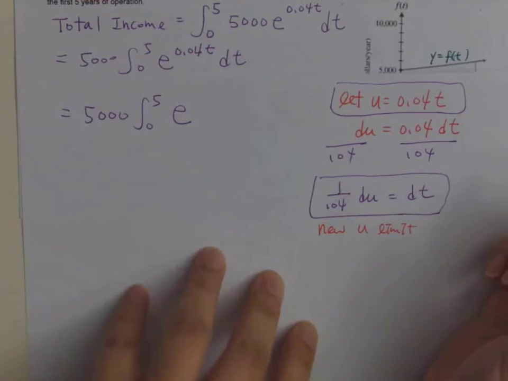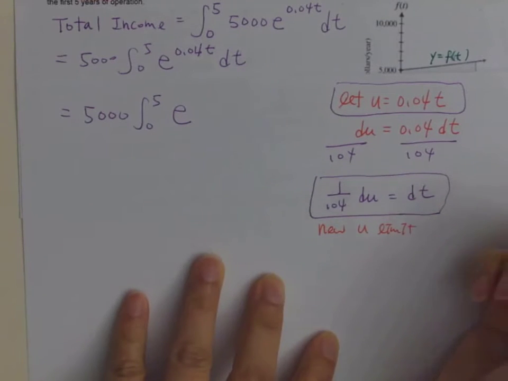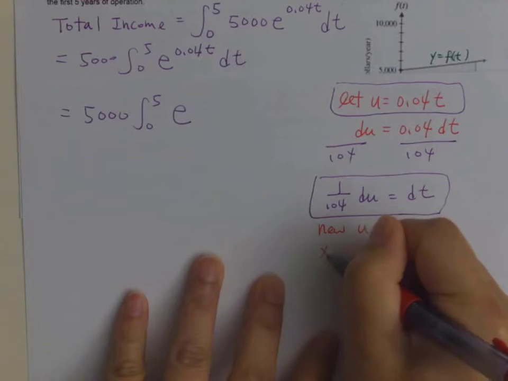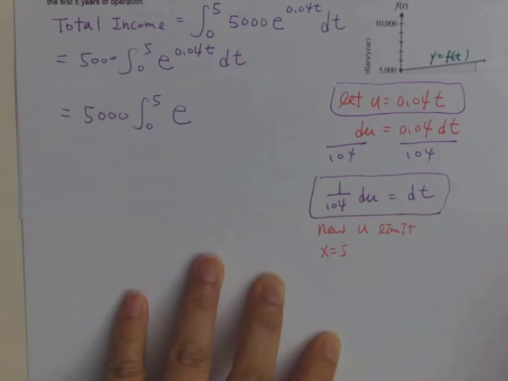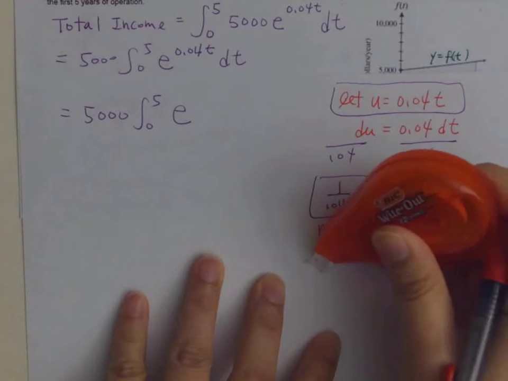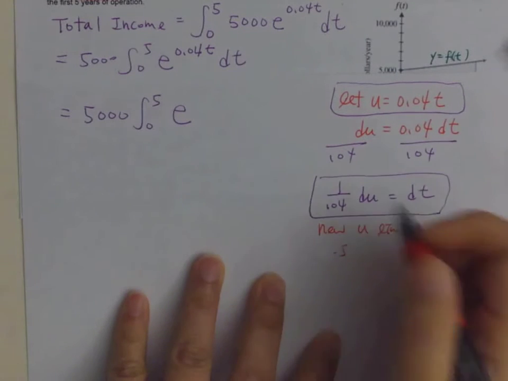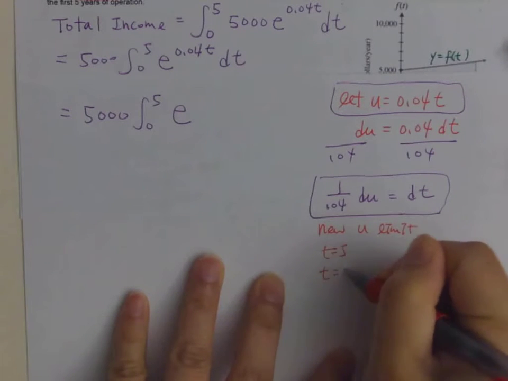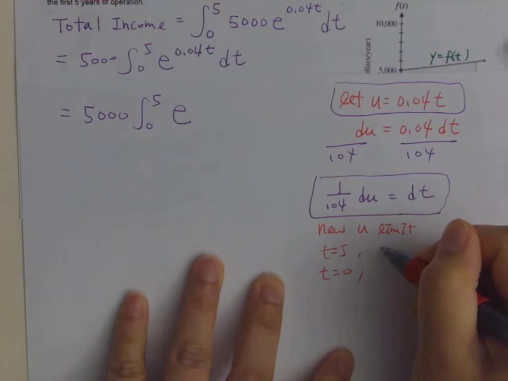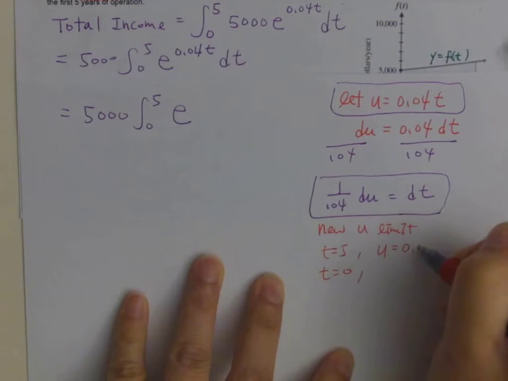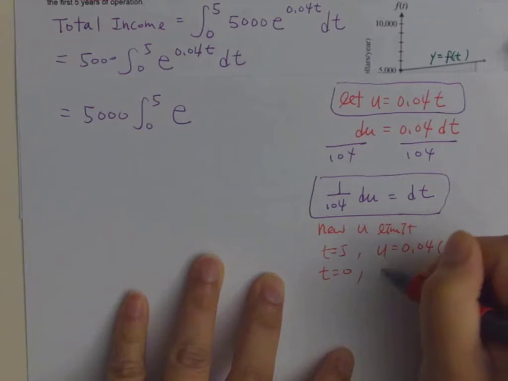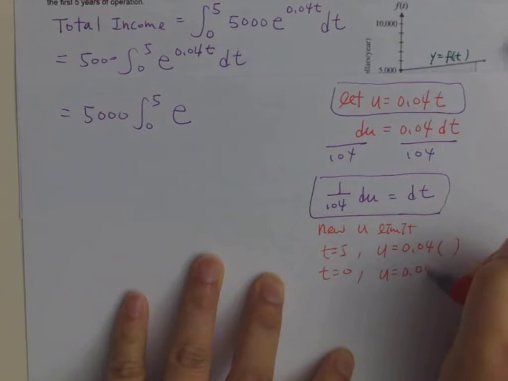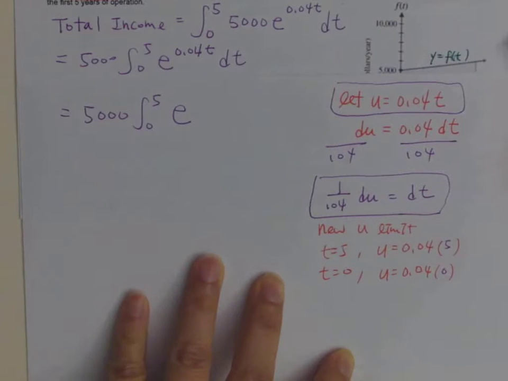So we have t equal to 5 and t equal to 0, and u equal to 0.04t. One you plug in 5, the other you plug in 0.